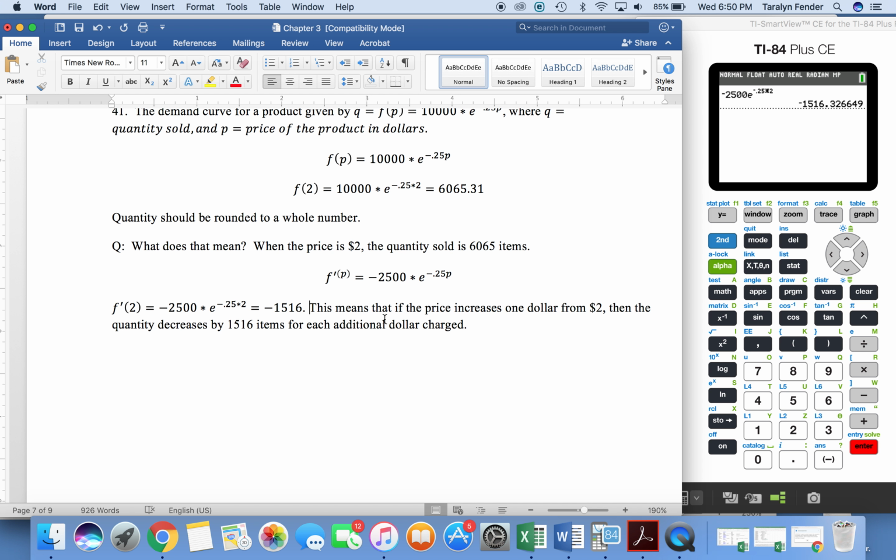This means that if the price increases by $1 from $2, so now we're at $3, then the quantity decreases, because we have a minus sign, by 1,516 items for an additional dollar charged.